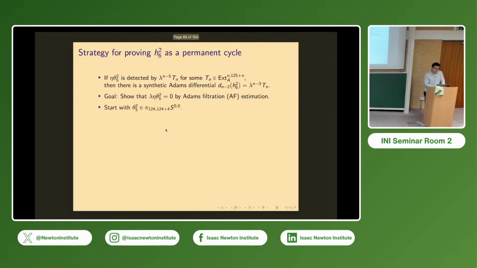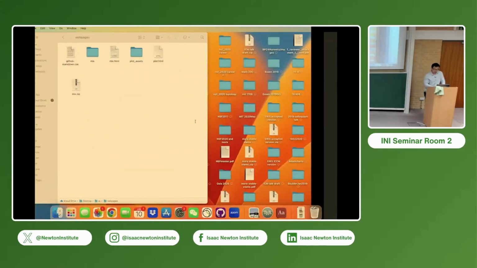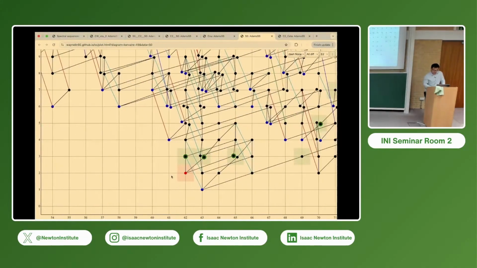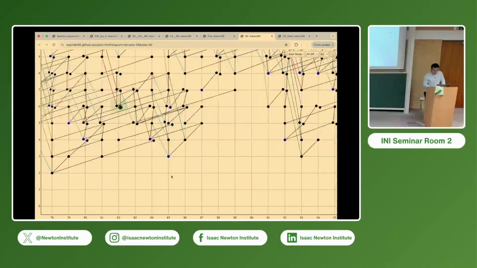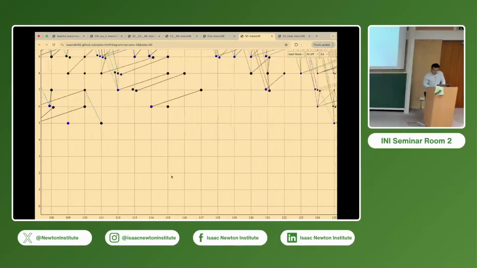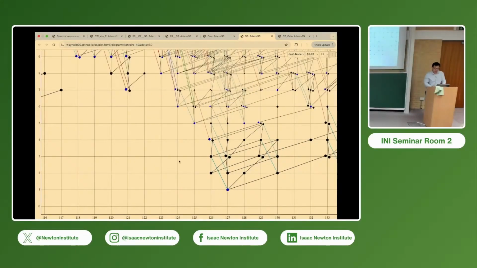So we start with theta 5 squared. That's in dimension 124, and it's supposed to live in this bigrading plus 4. So then we look at the picture. Again, if we know theta 5 squared is 0, then that's a very straightforward direct proof.